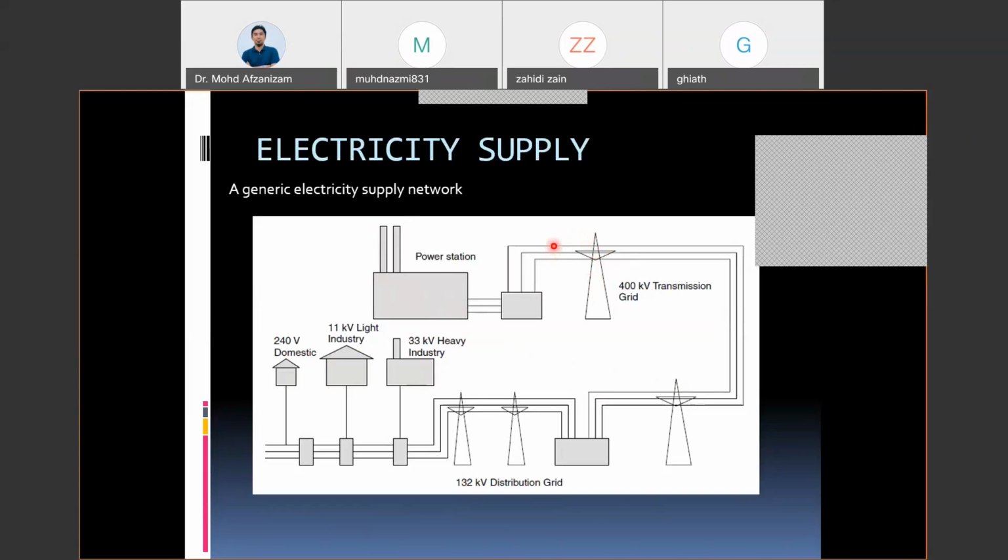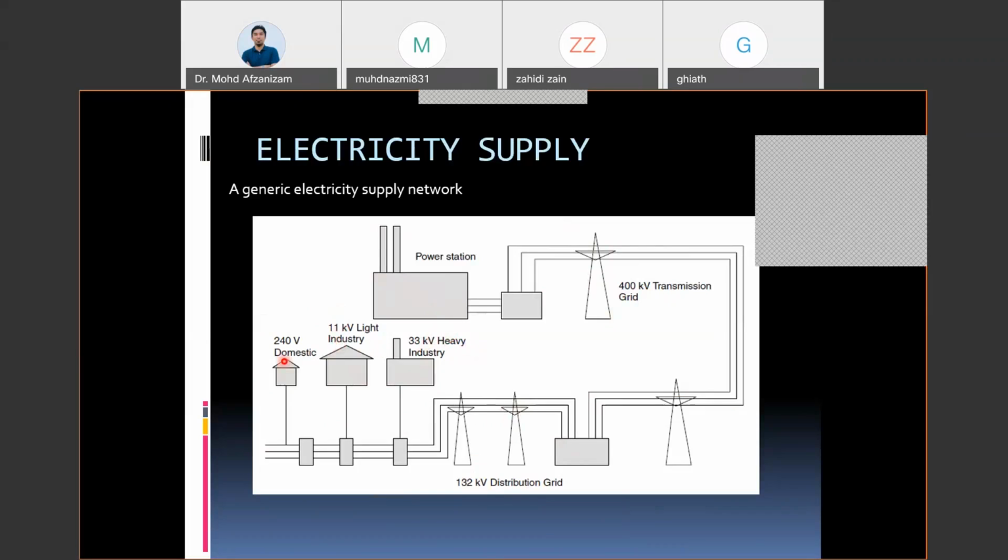Sorry, this one is a grid from the electric provider, and then it goes to the distribution grid, smaller, and then to the user in the form of the domestic user or industry, light industry or heavy industry.